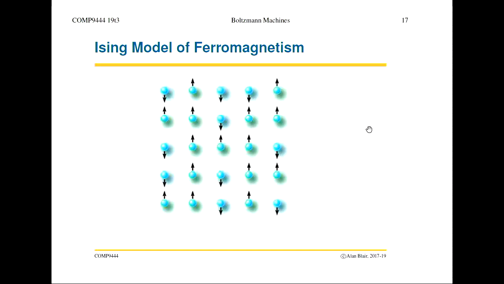These little guys are flipping their spin all the time from up to down, but they prefer to align themselves with the spin of their neighbours, right? So this guy is very likely to flip because all of his neighbours are up. And if he manages to go up, he'll achieve a lower energy state.